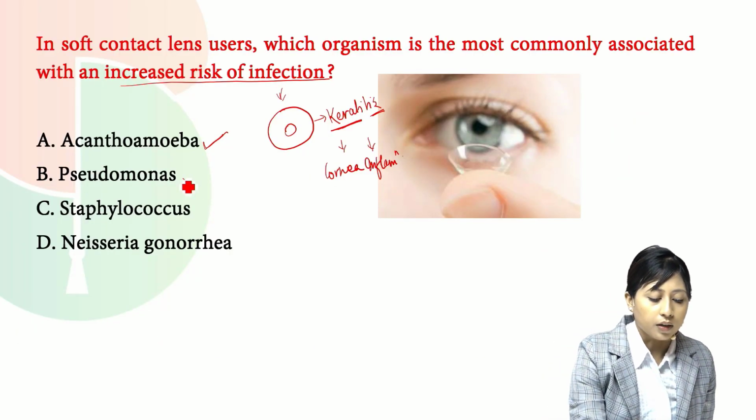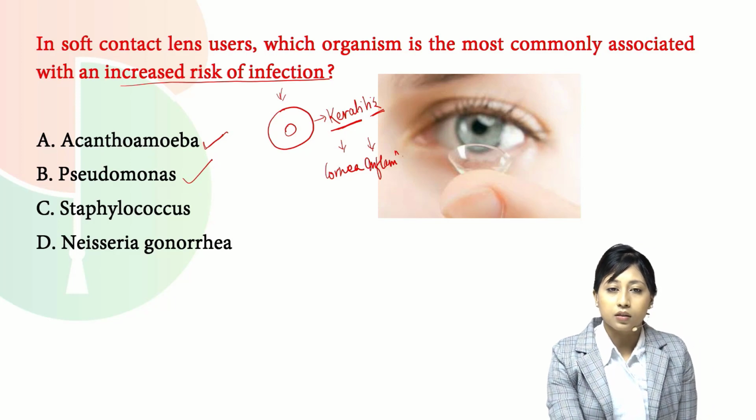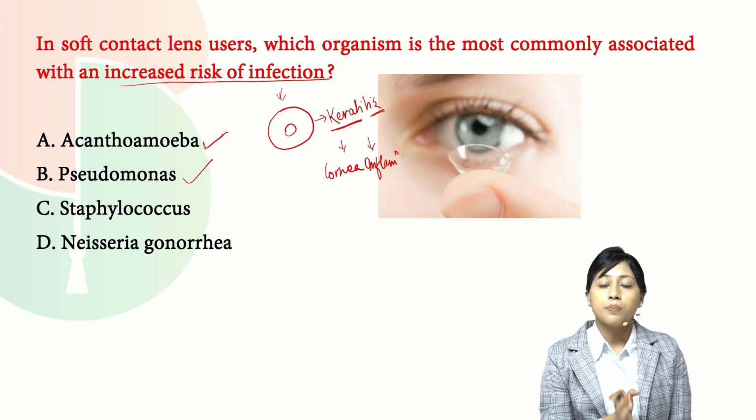Now Pseudomonas. What is Pseudomonas? It is a strictly aerobic organism and it appears to be dependent on iron for its growth, and changes in iron metabolism change its virulence with respect to corneal infection.